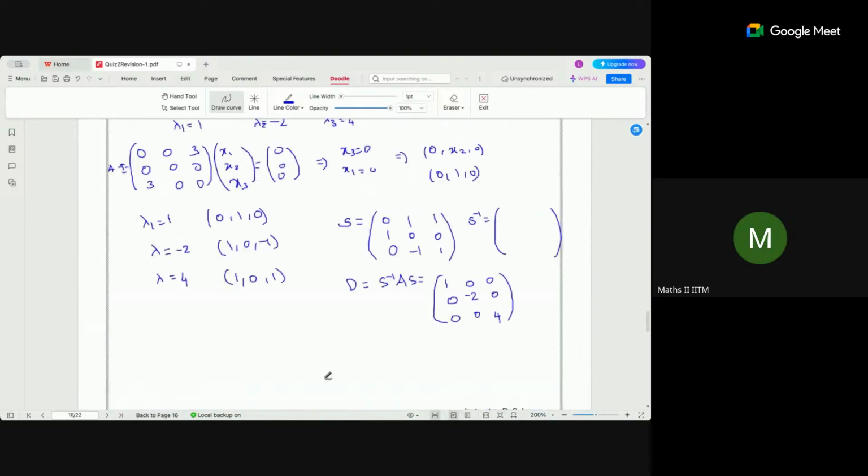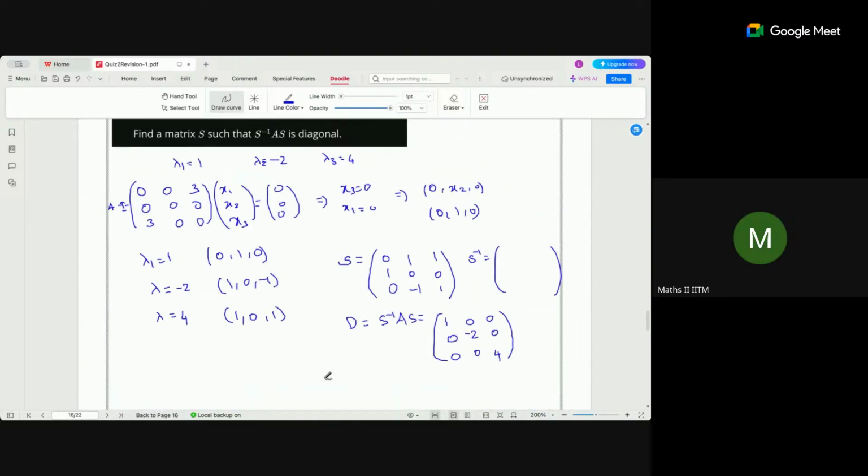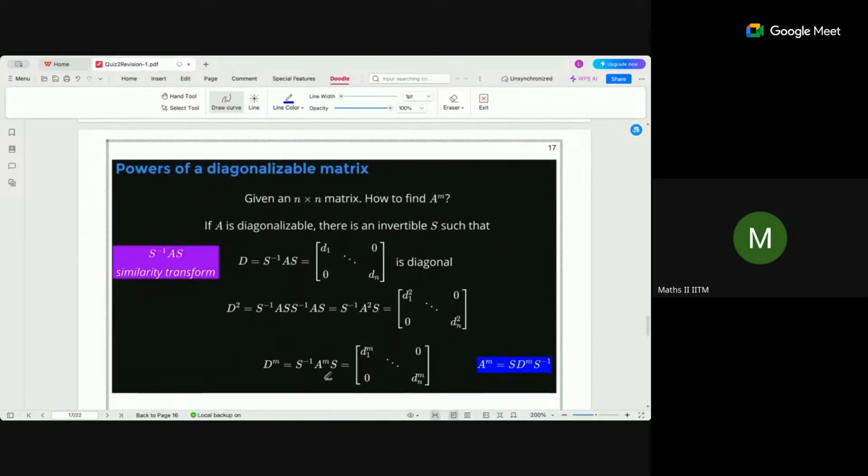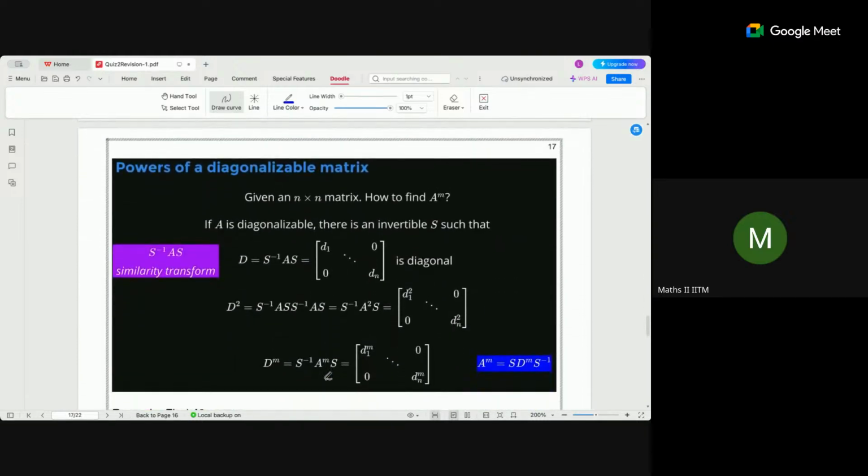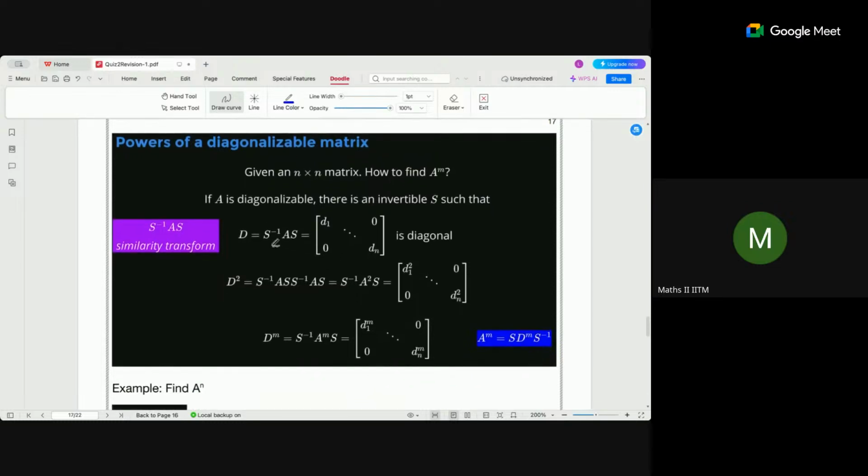So I hope everyone has a clear understanding about diagonalizability. If there are any questions, you should ask by now. The next part is, how do you find the powers of a diagonalizable matrix? Suppose you know that a matrix is diagonalizable, then to find the power, you don't have to compute the product of the entire matrix. You simply have D equal to S inverse AS.